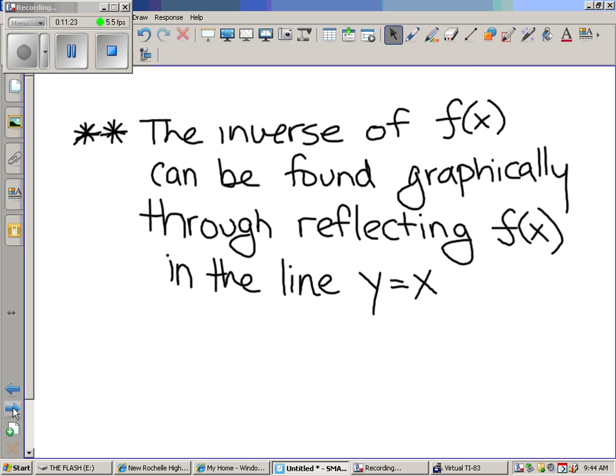So it's always y equals x. Those give you points on your test, points on your regents. You reflect something through y equals x, and by default, doing that reverses the coordinates, and that's really what the inverse asks you to find.